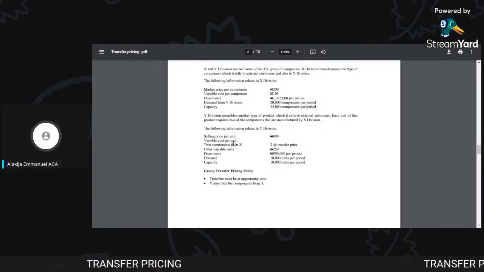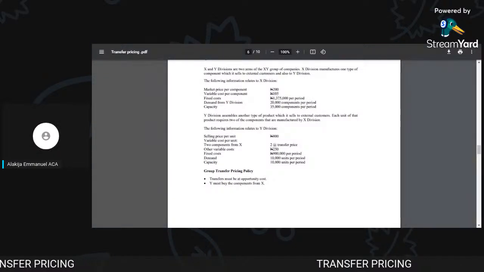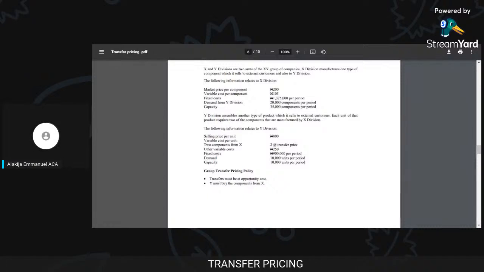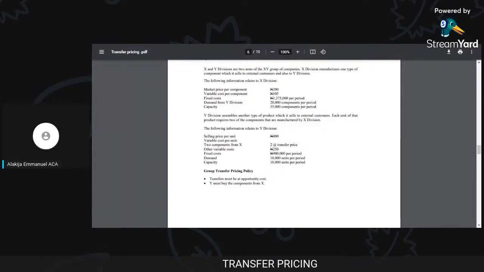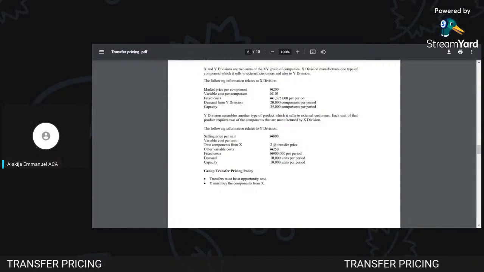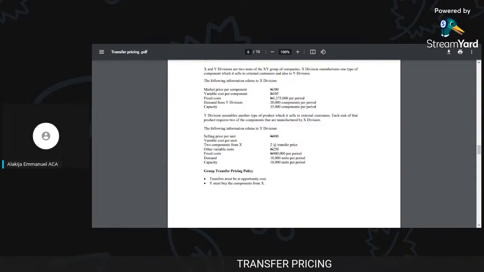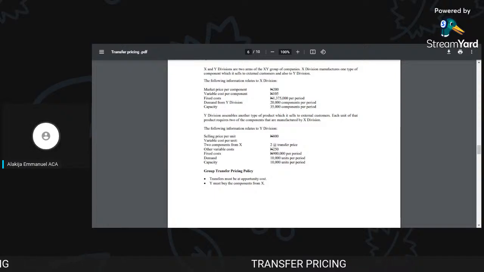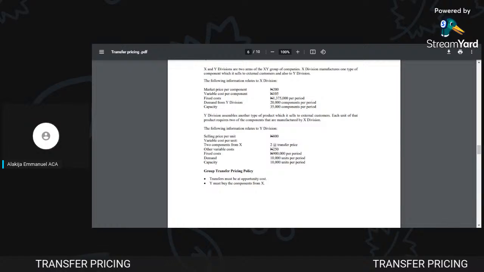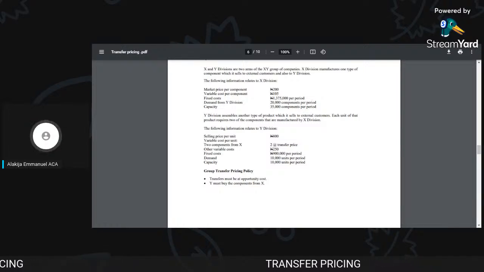Many people multiplied the 20,000 by 2 again, which is very, very wrong. They already told you that the capacity of Y is 10,000 and Y needs 2 units of X to produce one of its own unit, which simply translates to 10,000 multiplied by 2, the 20,000 given in the information on X above. So you do not need to multiply anything again. It is very, very simple.